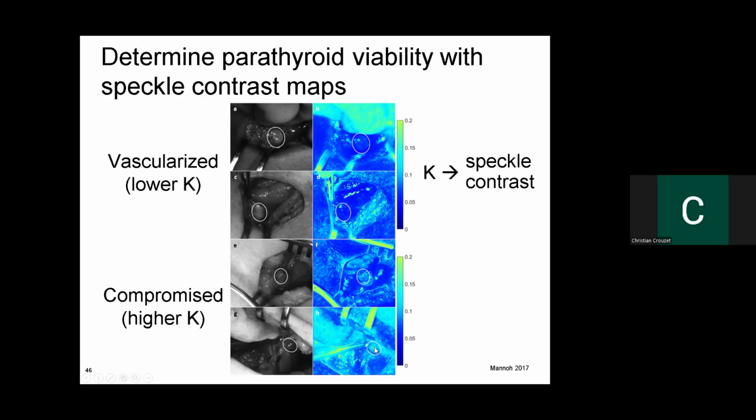So just to reiterate, lower contrast, more blood flow, higher contrast, less blood flow. So this was kind of a first approach to be able to show that you can use LSI to look at blood flow within the parathyroid, or if there's not enough blood flow going to the parathyroid.